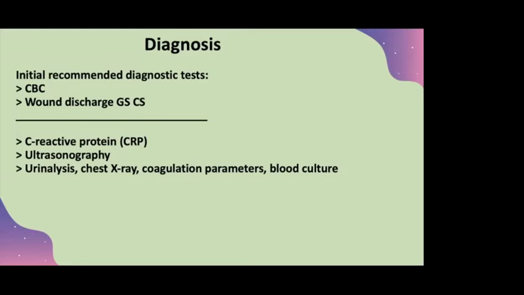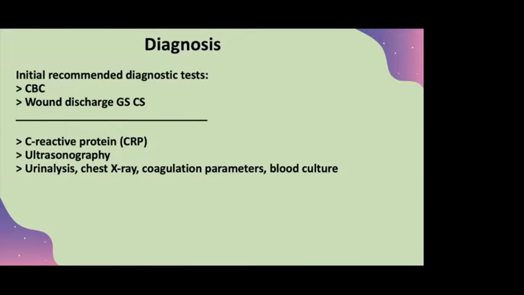Next would be the ultrasonography or the ultrasound. It can be done when suspecting an abscess formation. Ultrasound is a non-invasive, readily available test and can be performed as a bedside ancillary procedure. It is the forefront diagnostic imaging examination in cases of suspected organ or deep pelvic cellulitis or abscess.